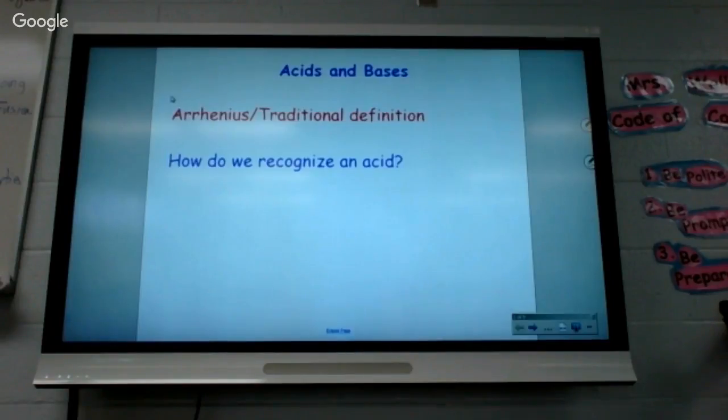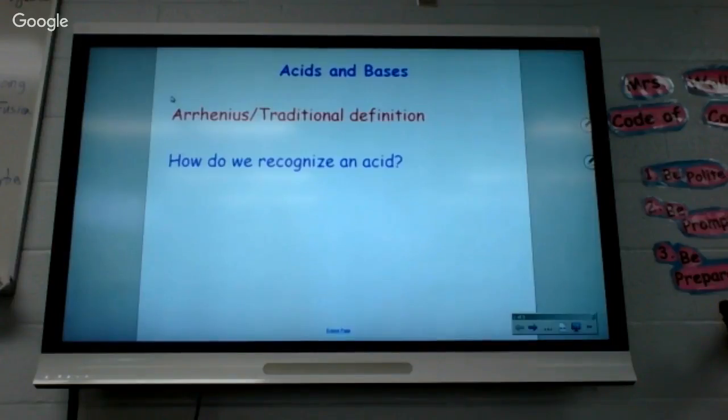When we talk about acids and bases, there are actually 3 definitions of acids. Traditional and Bronsted are the 2 we're supposed to do. Lewis is the 3rd type, and it's not in our curriculum. Those of you who go on to study chemistry at another level, or even those interested in nursing, will probably have to know all 3 definitions.